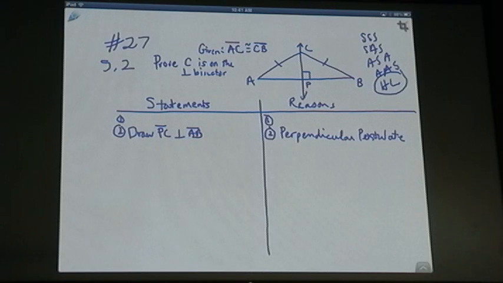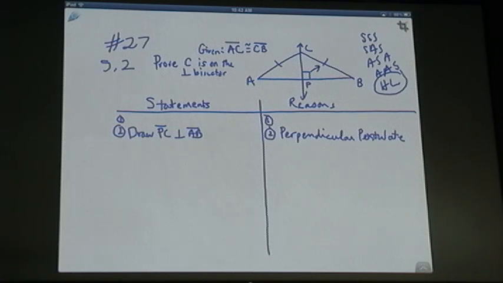If we look at APC and BPC, are the hypotenuses congruent to each other? The hypotenuse is directly across from the right angle, so CB is congruent to AC, and those are the two hypotenuses. Hypotenuse leg means that you have two hypotenuses that are congruent to each other, and a leg that's congruent for each of those triangles.